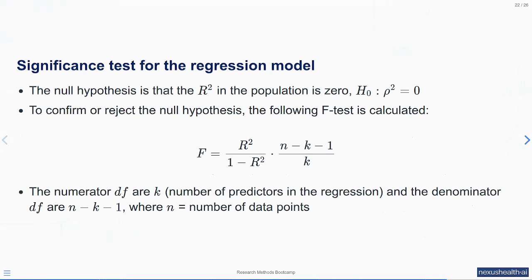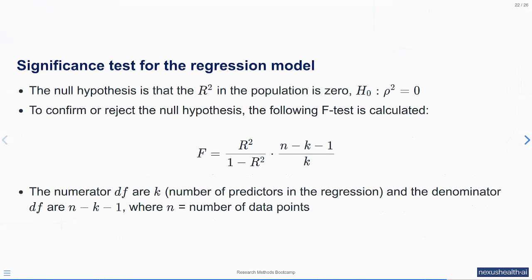And this is how the F-test is calculated. So the numerator degree of freedom is the number of predictors in the regression, and the denominator degree of freedom is given to us by n minus k minus 1, where n is equal to the number of data points.